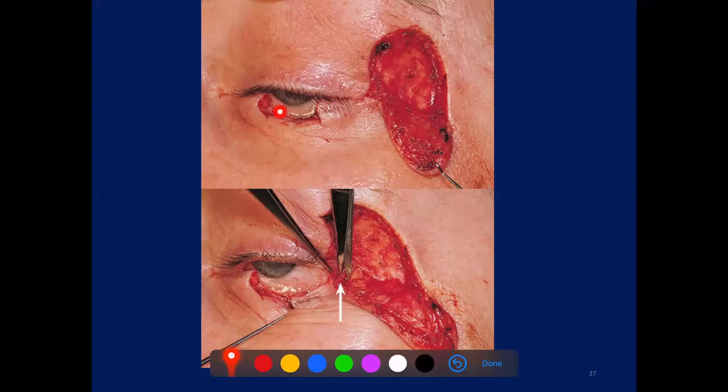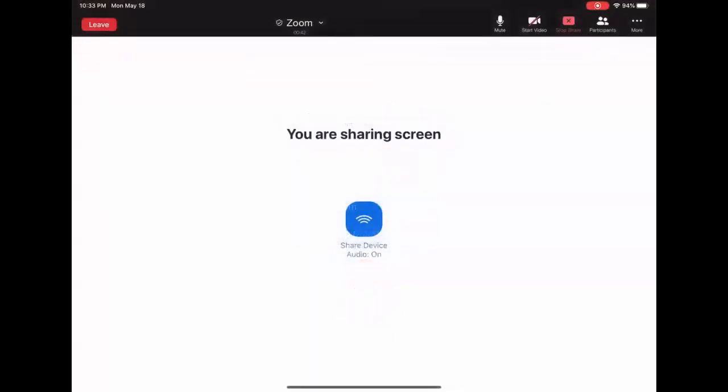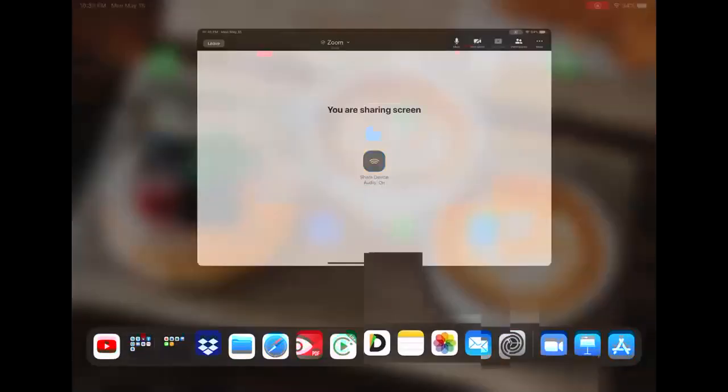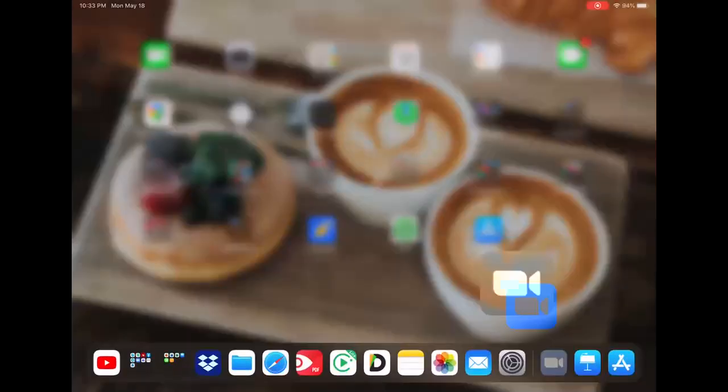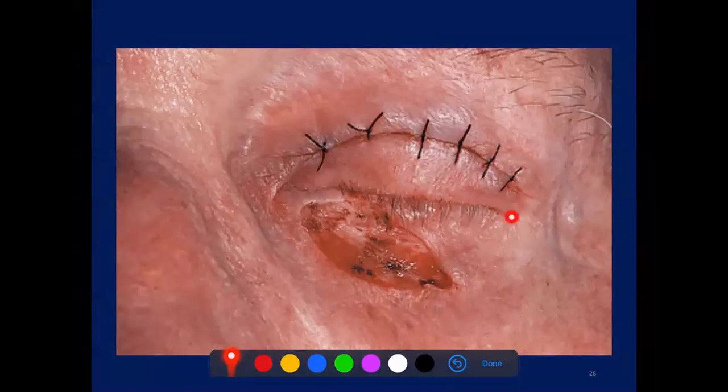The slide is there and I cannot share my screen. Now you can see the screen, right? Clear. Let's just test. You can see the dot. Yeah, clear. So we're back on track.